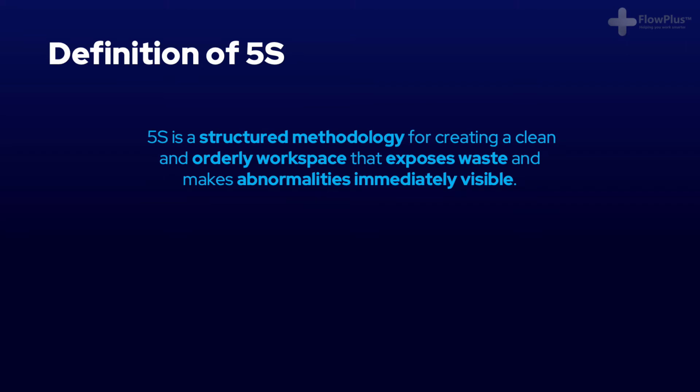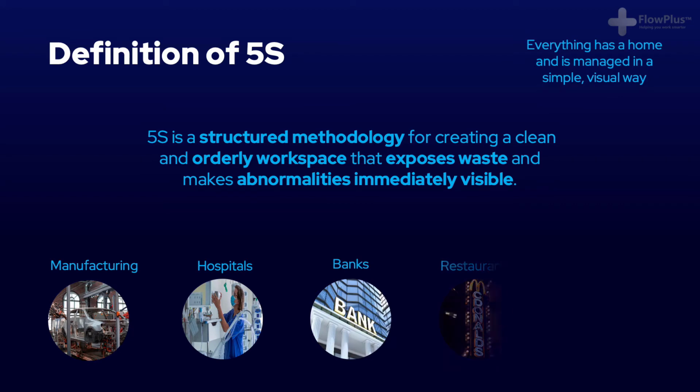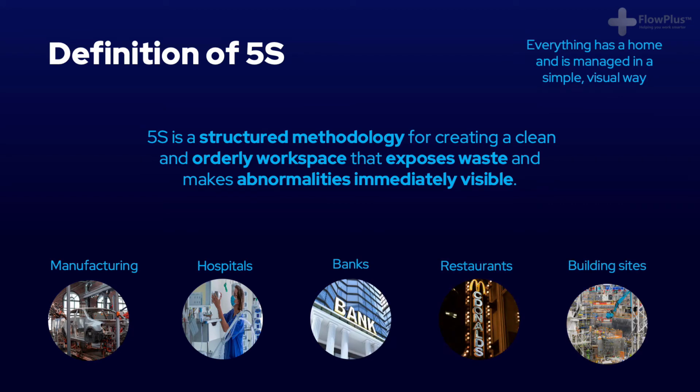5S is a structured methodology for creating a clean and orderly workplace that exposes waste and makes abnormalities immediately visible. 5S is often seen as the formalised approach of making sure everything has a home and is managed in a simple visual manner. 5S can be applied in all environments, not just manufacturing.